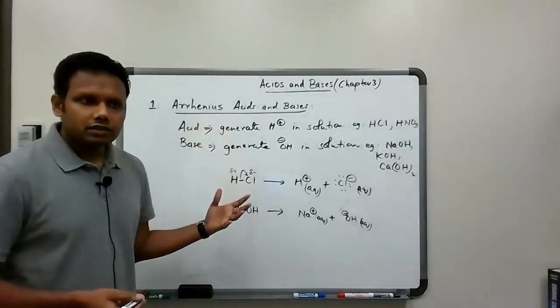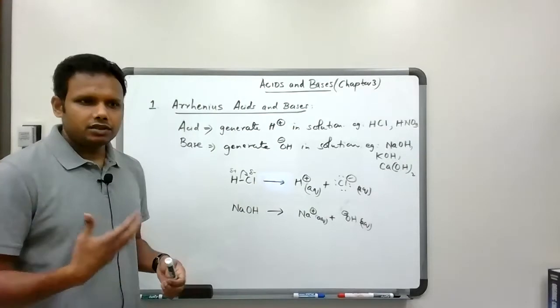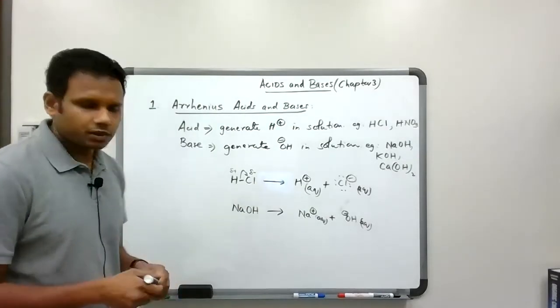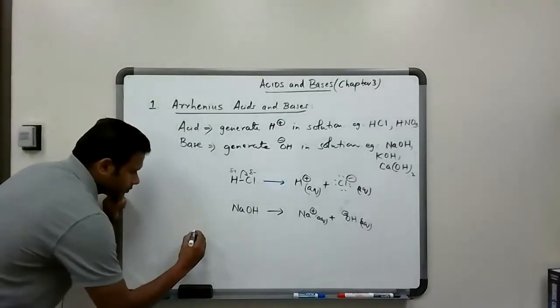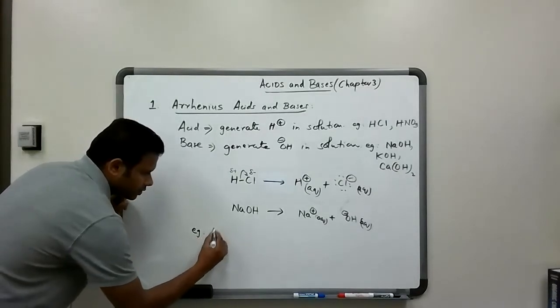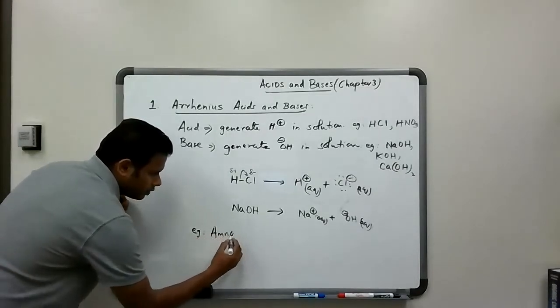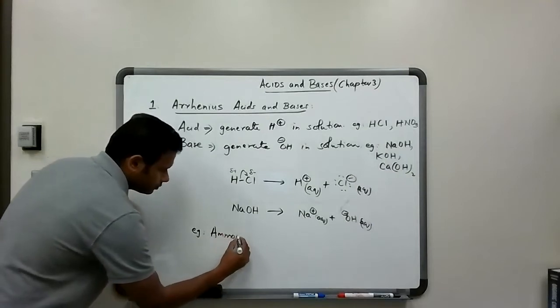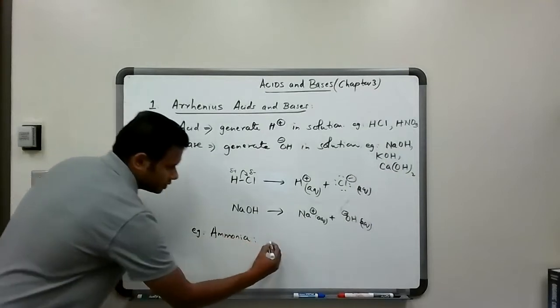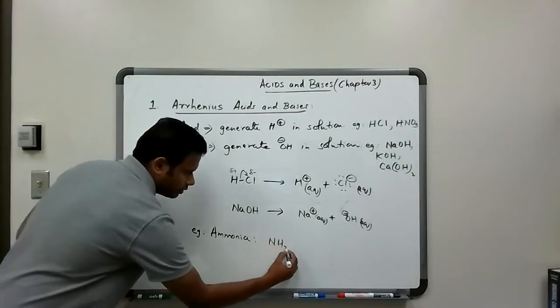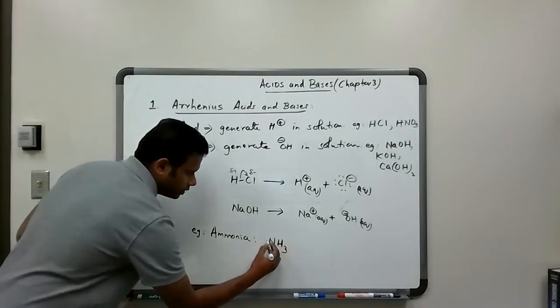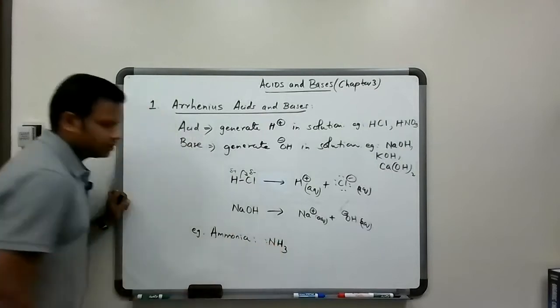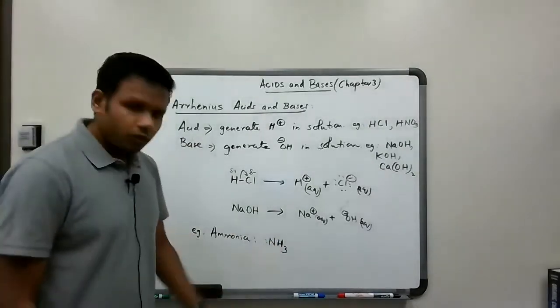But then this definition has issues, it has limitations to it. For example, if I were to ask you about ammonia, which is NH3, another popular molecule that you see in Gen Chem, okay?